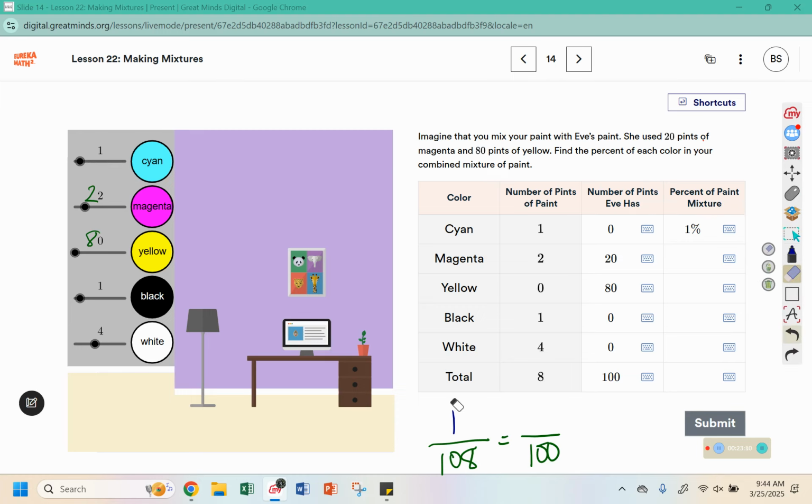Okay, then we have 22 magentas. 22 times 100 divided by 108 is about 20%. That one's going to round down slightly.